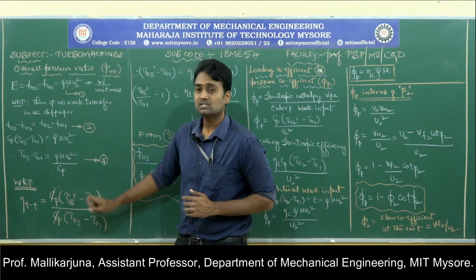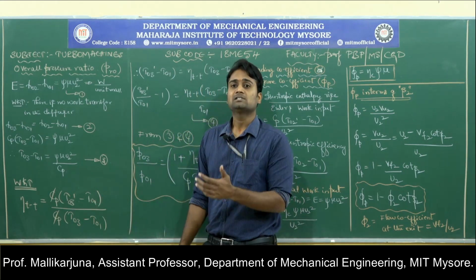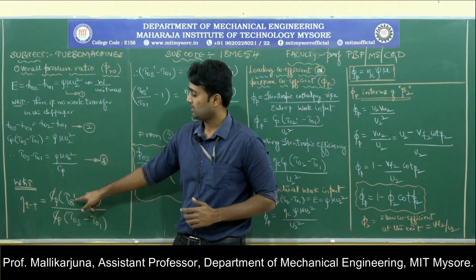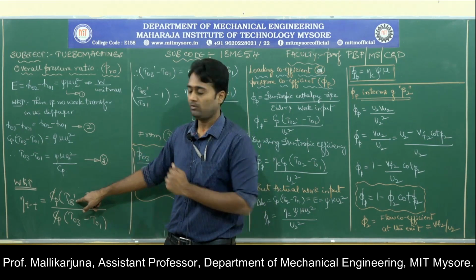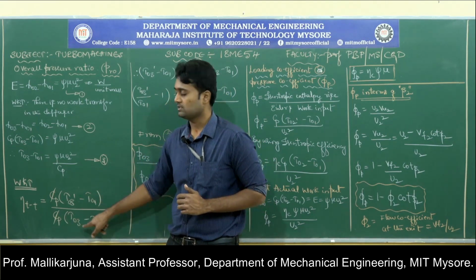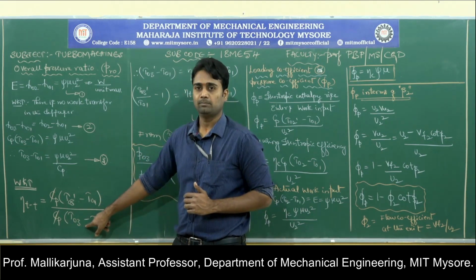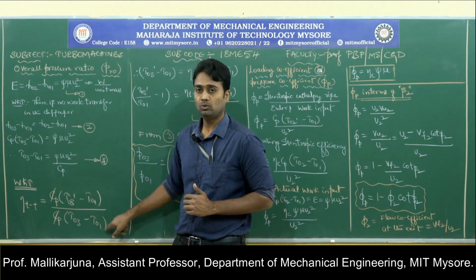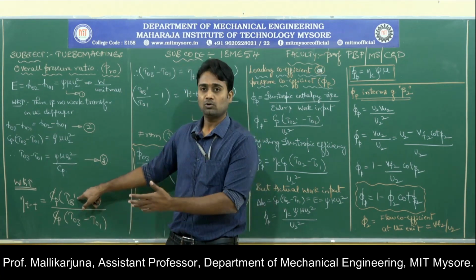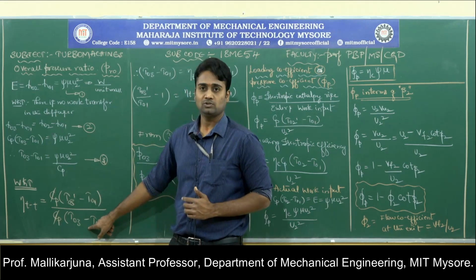This dash is the indication for the isentropic phenomenon. Here is the temperature for the isentropic work, and here is the ordinary temperature, which is nothing but the actual temperature. So, it is the same ratio: here it is isentropic enthalpy, and here it is actual enthalpy.